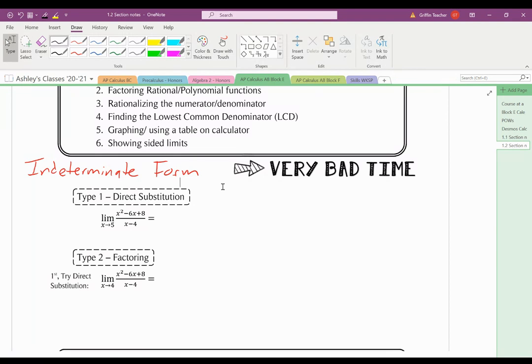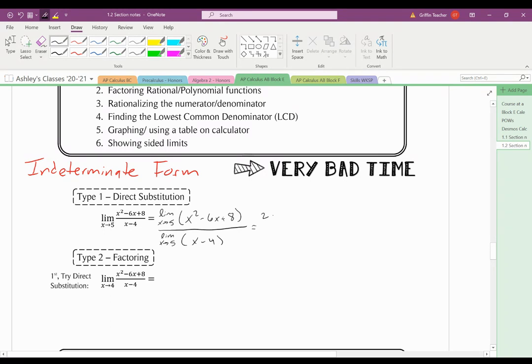So type 1 here is just proving and showing that direct substitution works. So again, just like example 1, how I'm going to use this is I'm going to use my limit properties to separate my 2 numerator and denominator limits. So we're just going to work through that pretty quickly. And then we plug 5 in.